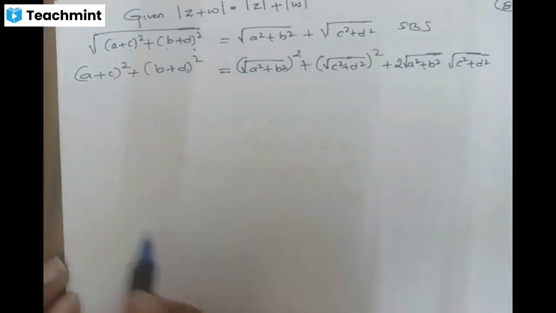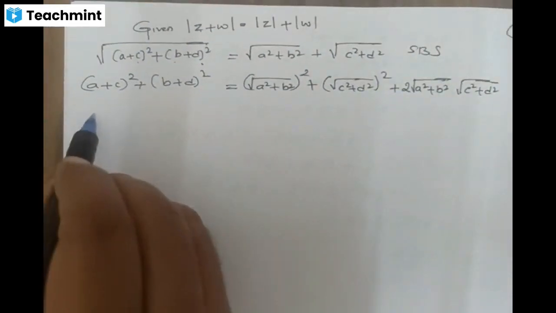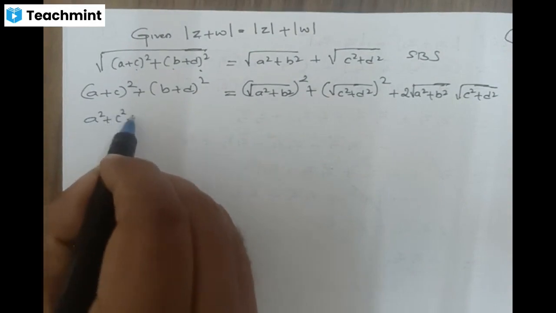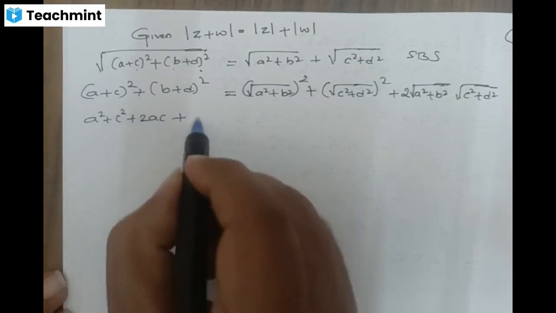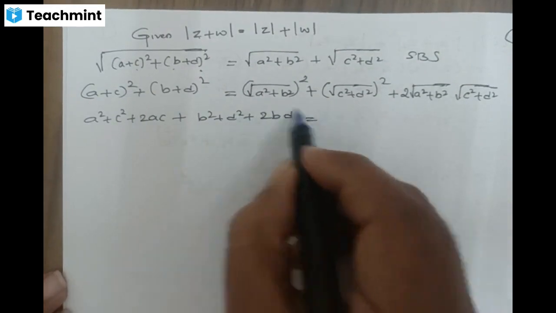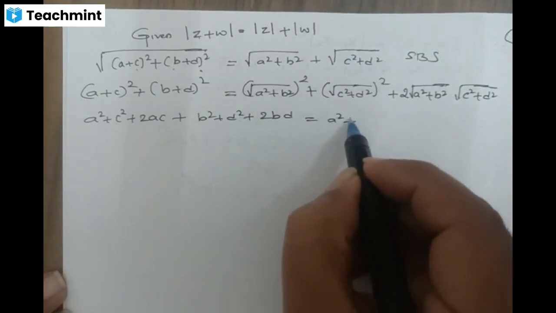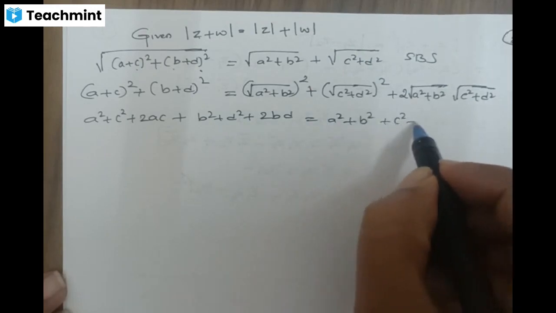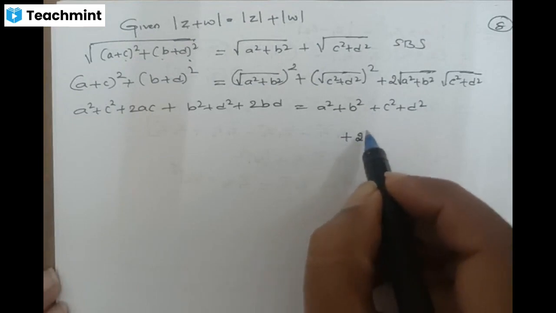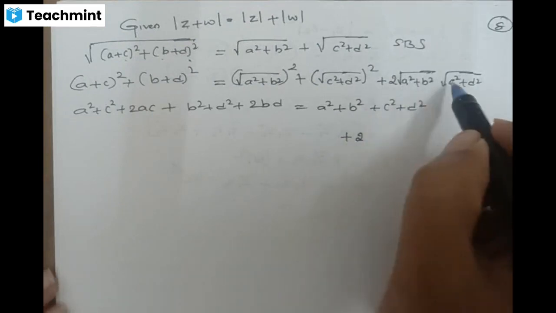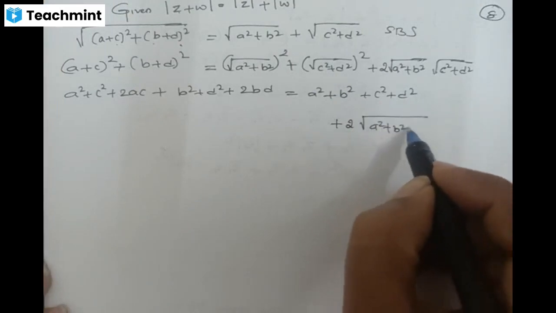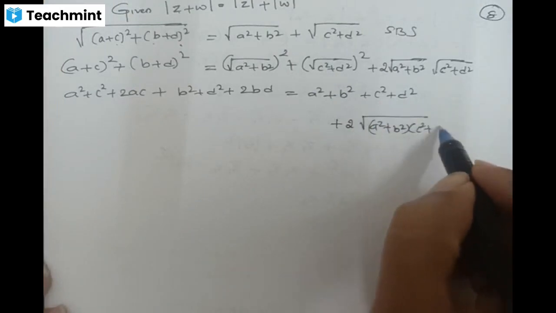Now I will expand this: a plus c whole square is a square plus c square plus 2ac, next b square plus d square plus 2bd. Here root and square get cancelled, so a square plus b square plus c square plus d square plus 2 into root of a square plus b square into c square plus d square, since root x into root y we can write as root of xy.